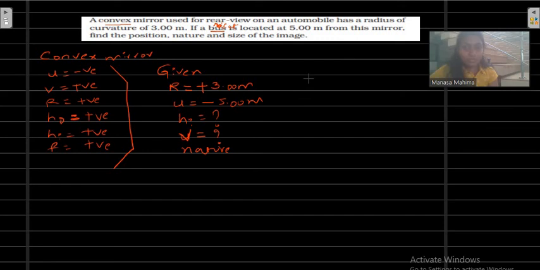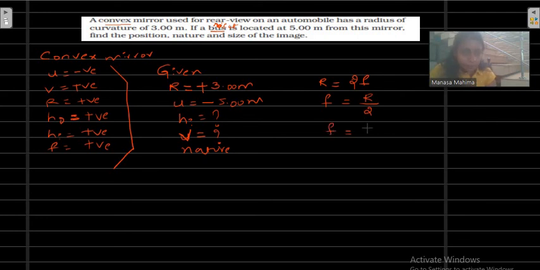See, you know that R is nothing but 2F. If you solve for F, how you will get? It is equal to R by 2. Since you know the value of R, easily you can find the value of F, right?